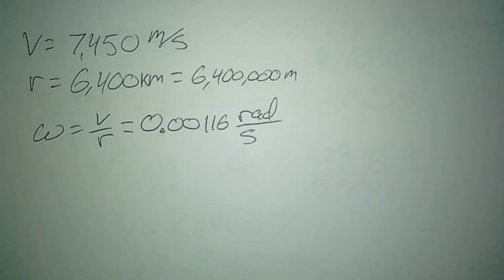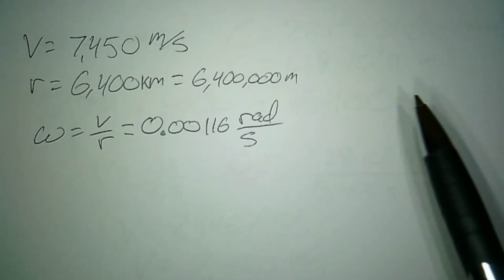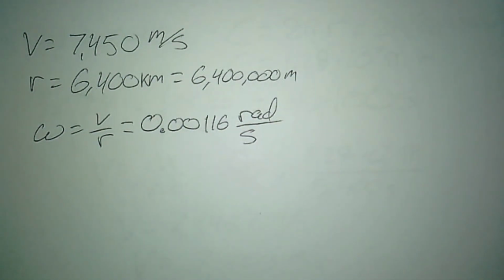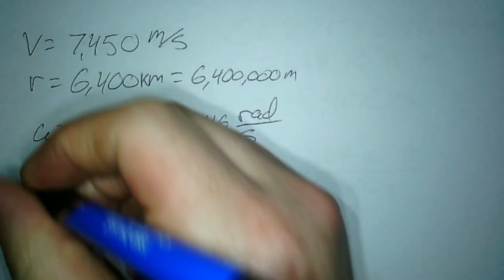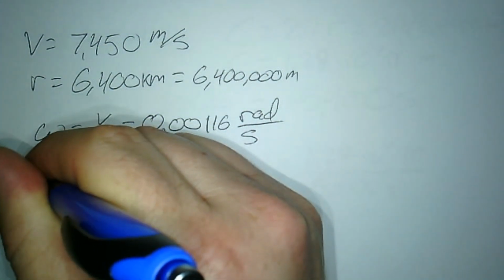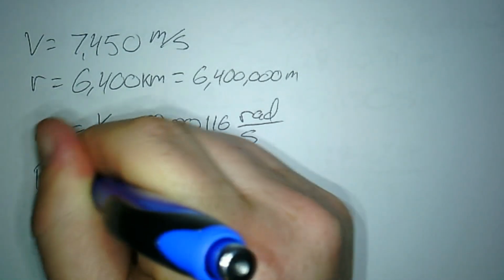Okay, and so the last thing we wanted to do was find the angular acceleration, right? So now you might be tempted to use the centripetal acceleration that you could find through your circular motion formulas. But you don't want to do that. Don't do that. So I'm going to write bad.